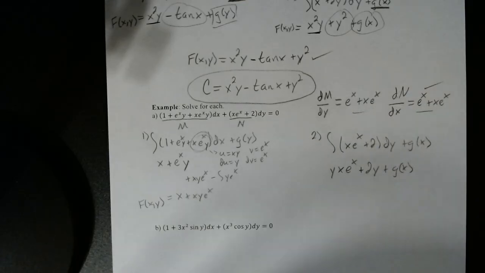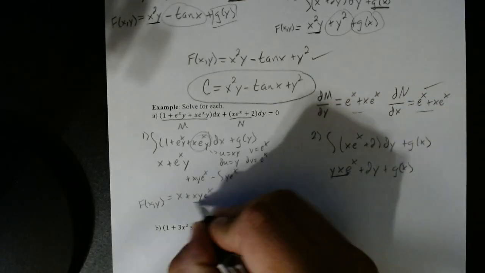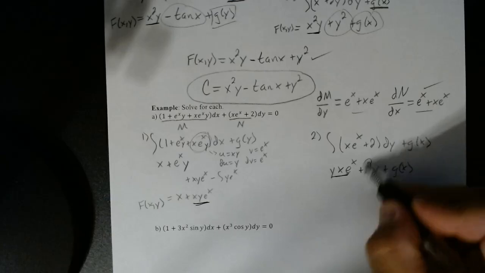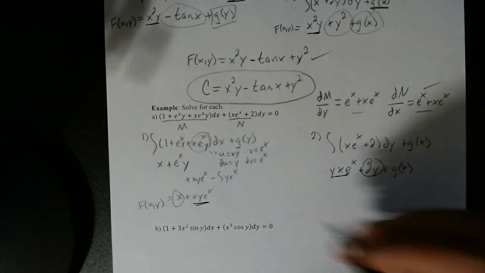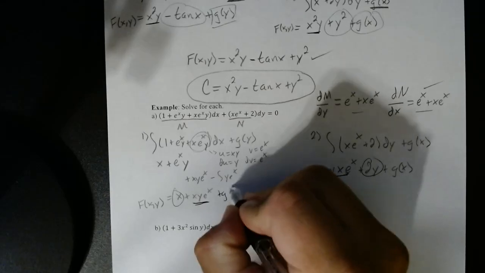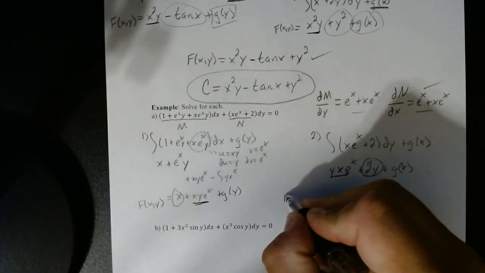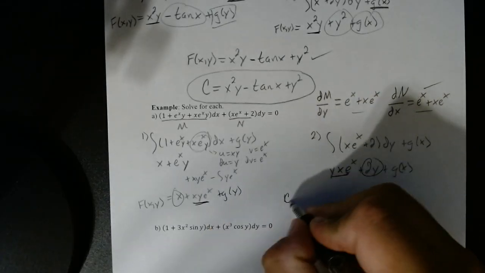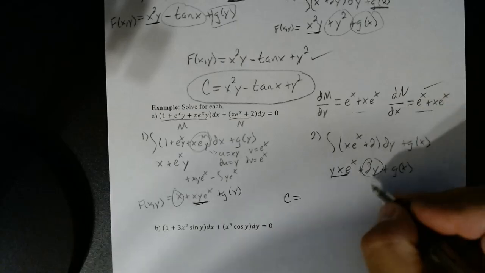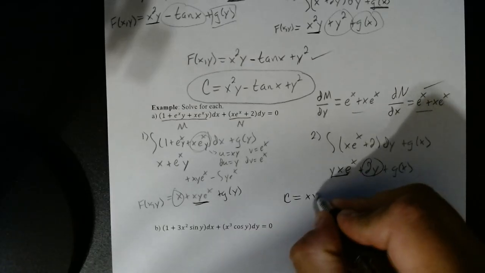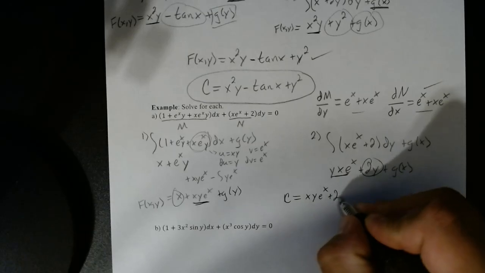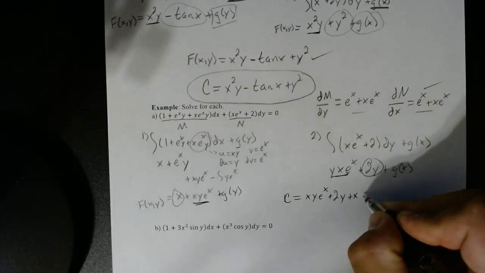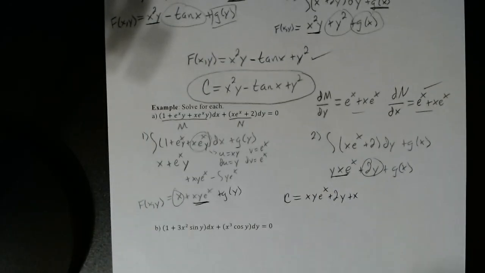So again, just like last time, they have this in common, and they don't have that in common. So that's our respective g of y and g of x. So our general equation is going to be c equaling what they have in common plus what they don't have in common. And there we go.